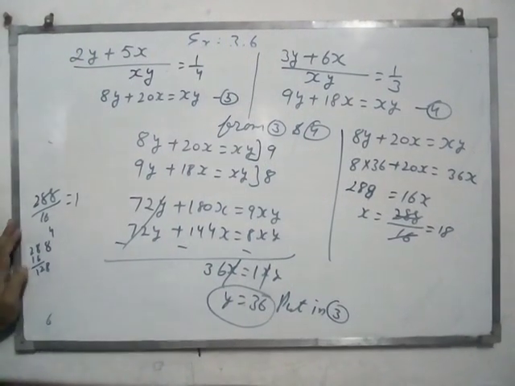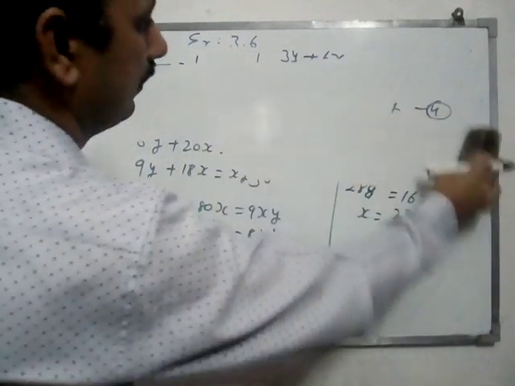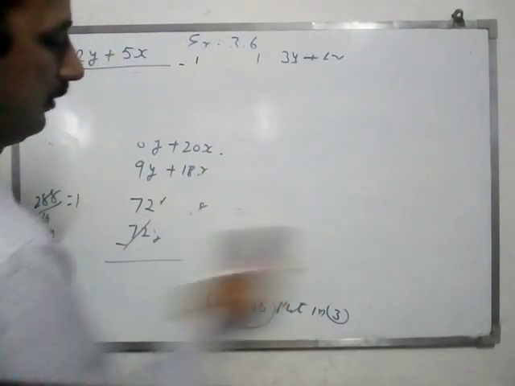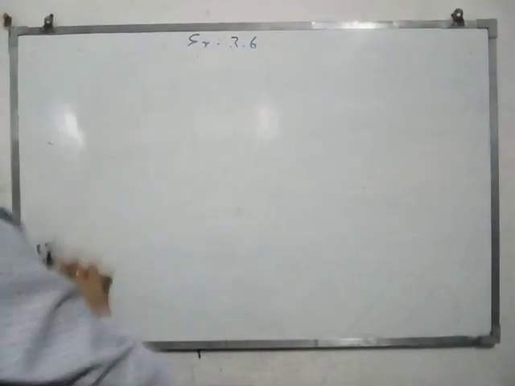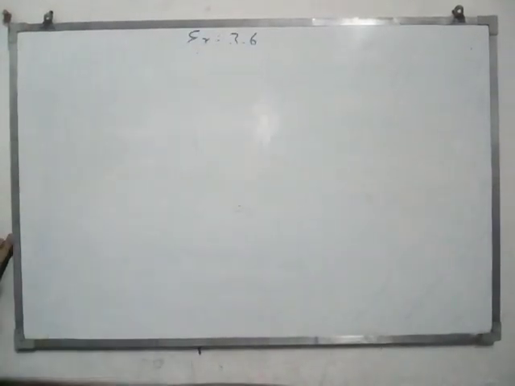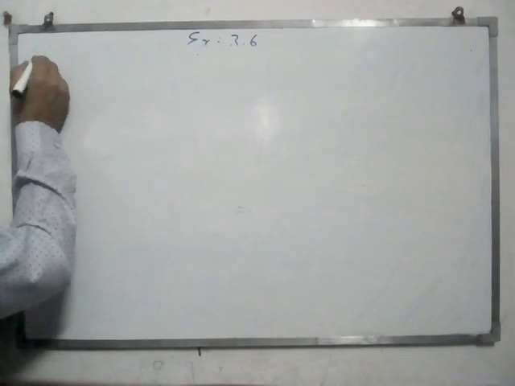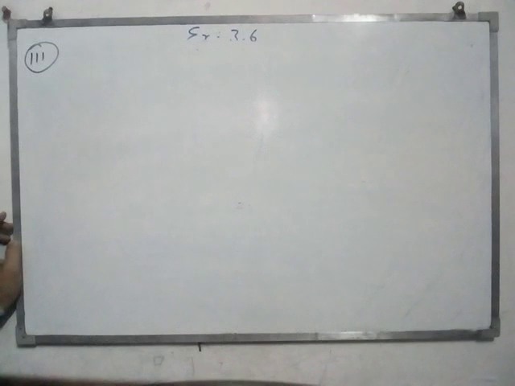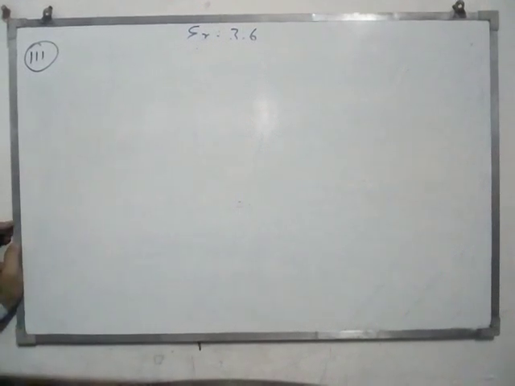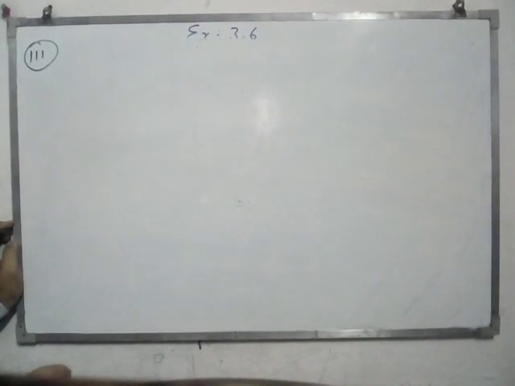So look at the next question. Part 3. Ronik traveled 300 km on his way home partly by train and partly by bus.